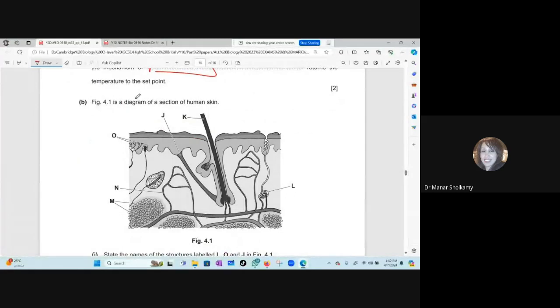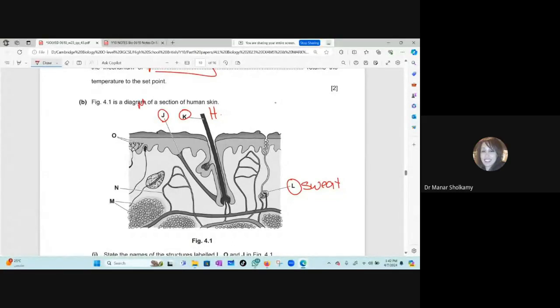Figure 4.1 is a diagram of a section of the human skin. Let's label it together. What is K? Hair. Correct, this is the hair shaft. And what is L? Sweat gland. Yes. And what is J? Erector muscle. Correct.